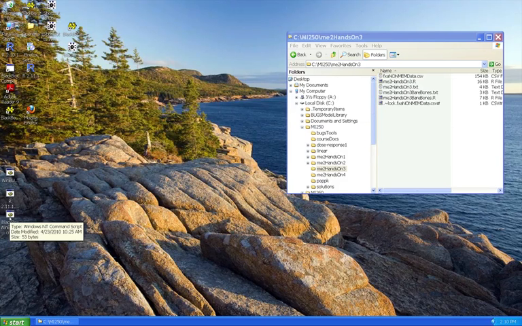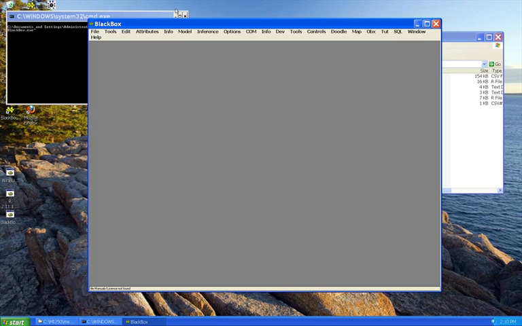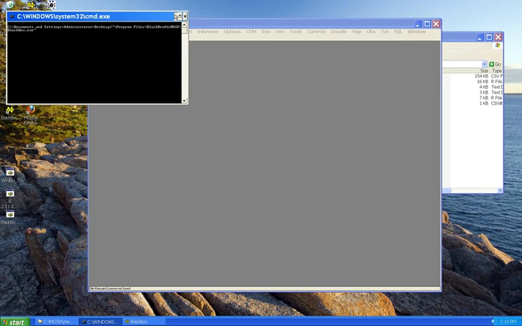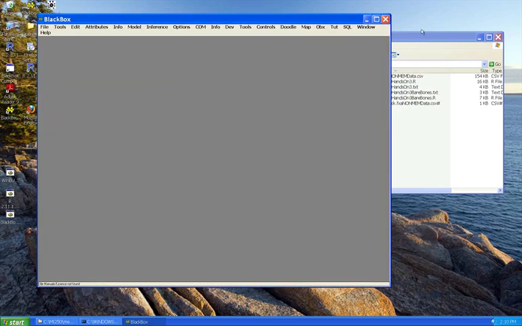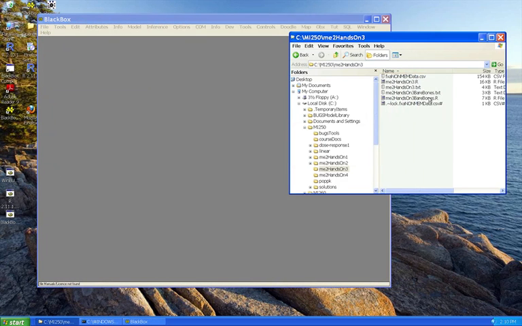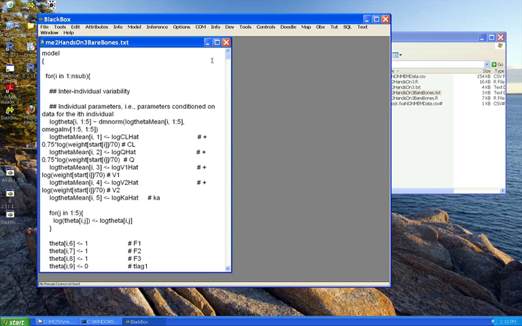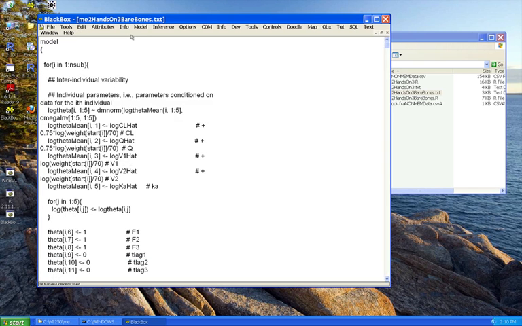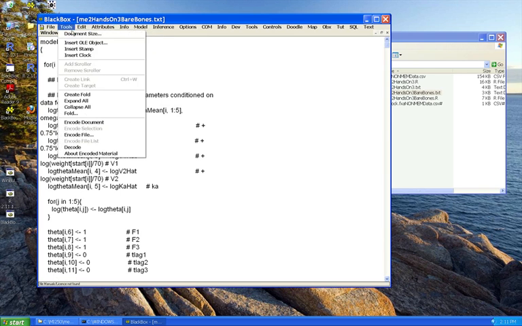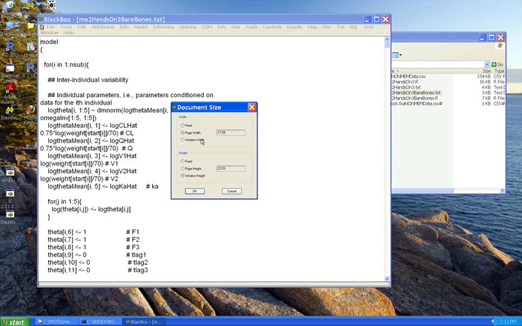So I'm going to go ahead and open that. That will contain all the necessary functions we need from BUGSModelLibrary. Let me go ahead and grab my hands-on 3 bare bones version here.